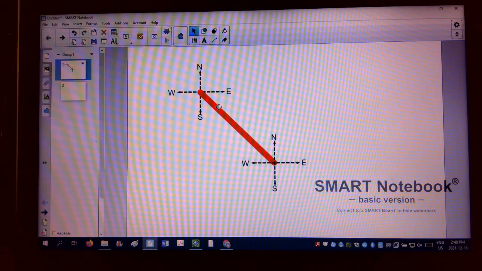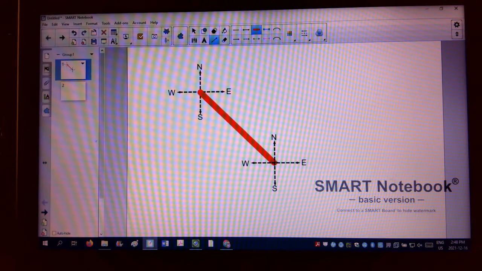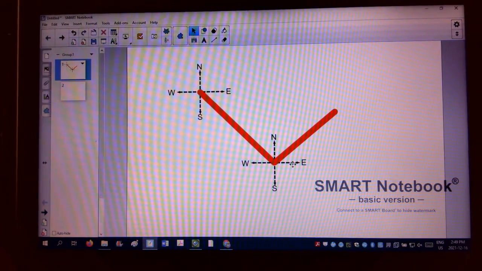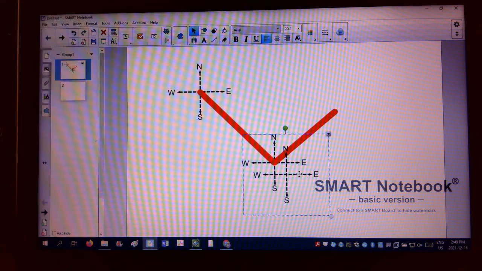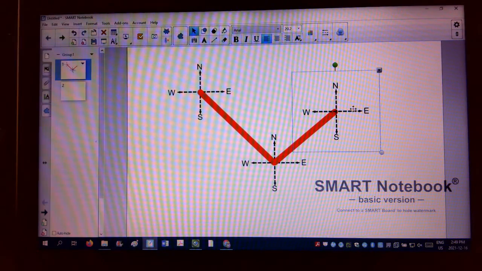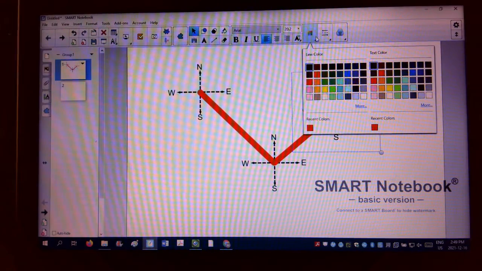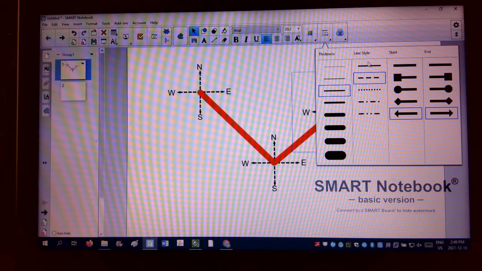So let's say you're traveling this way, or you could be traveling this way. It doesn't matter. But at some point, you're going to stop again, right? And this compass rose follows you along that trip, okay? So now you technically have a triangle. You see the triangle? Yeah, there's a triangle formed.